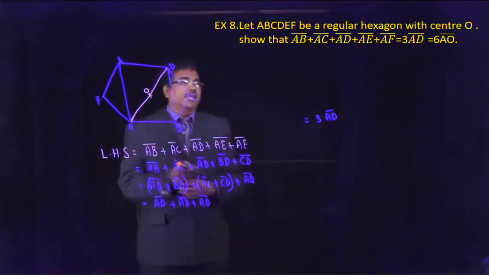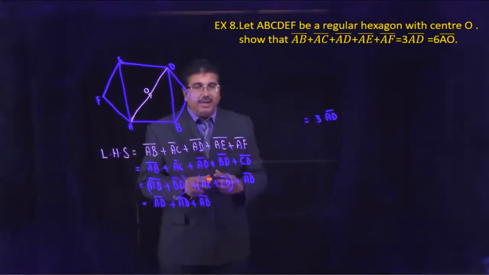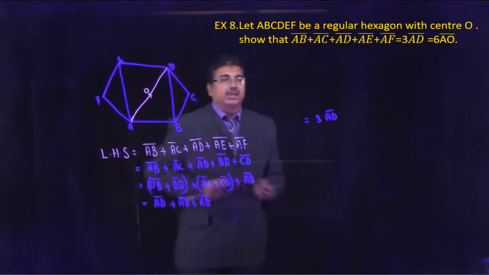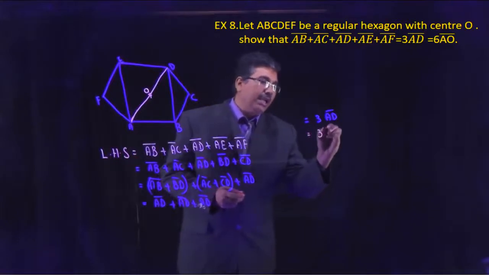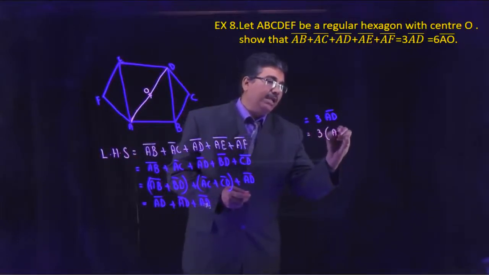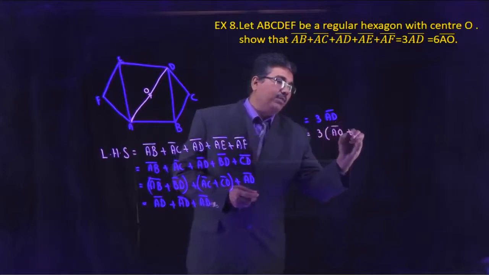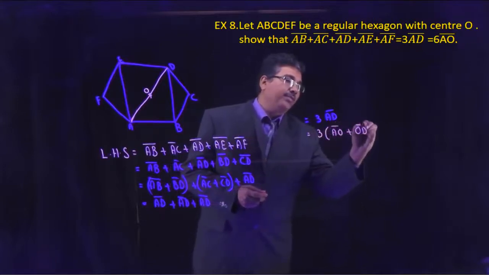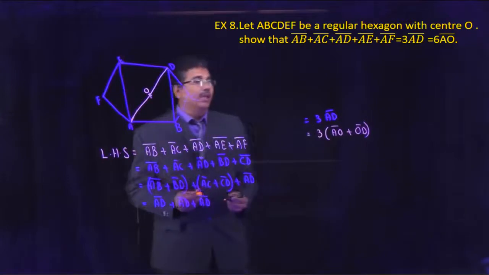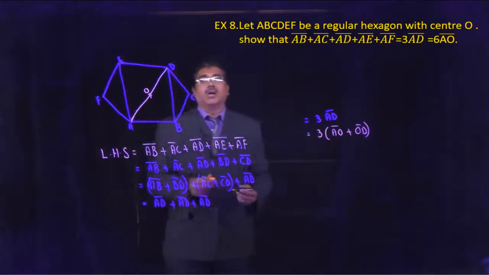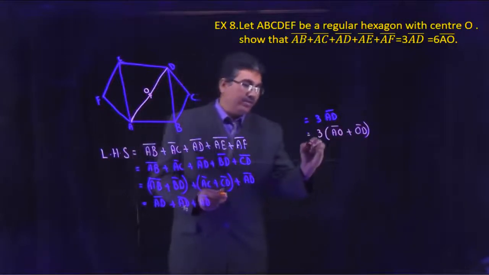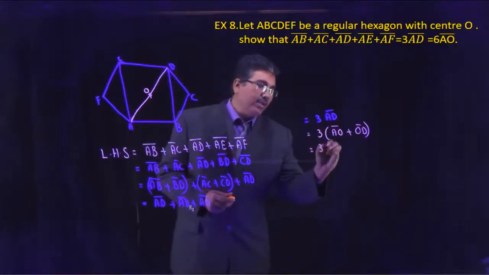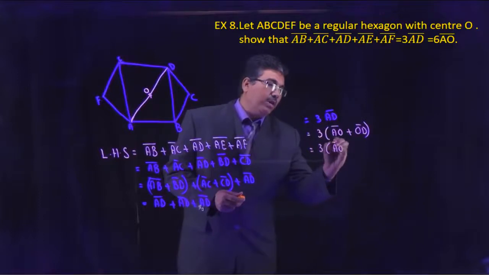Since O is the midpoint of AD, AD bar can be written as AO bar plus OD bar, so 3 times AD bar is equal to 3 times (AO bar plus OD bar).